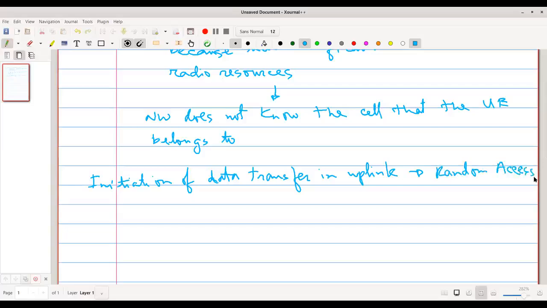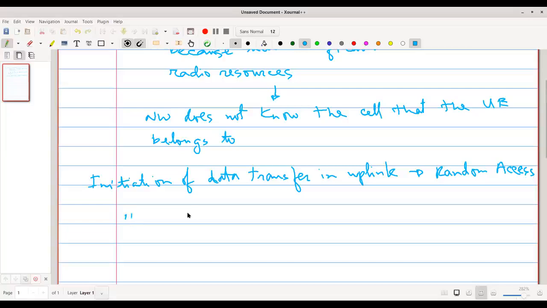You send some bits to the network, and the network responds to you, what do you want? That's how you start communicating with the network, and subsequently you tell the network that you need to send some data. So the network allocates resources. That's how it works.